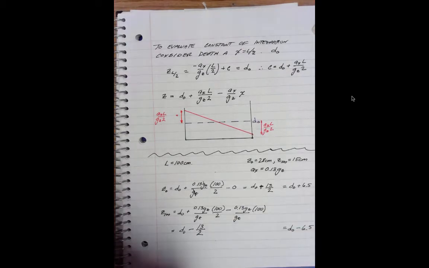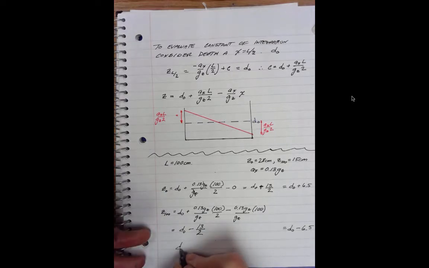And so lastly, we need the mean depth, which in that one was 28 plus 15 divided by 2, which was 21.5. So d0 equals 21.5.